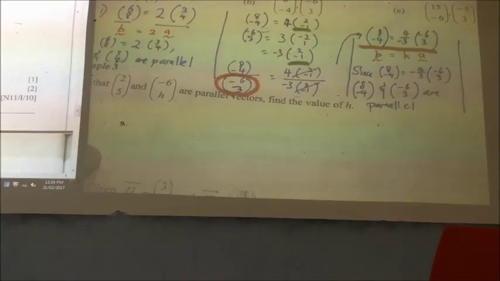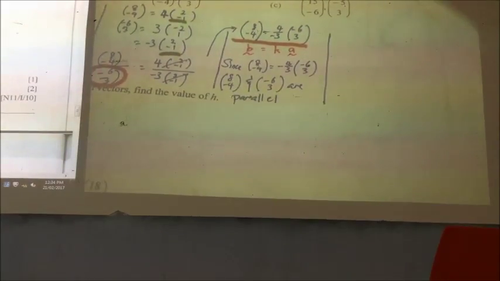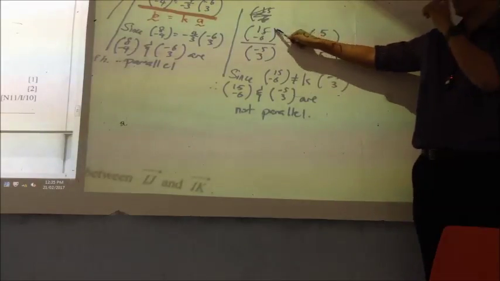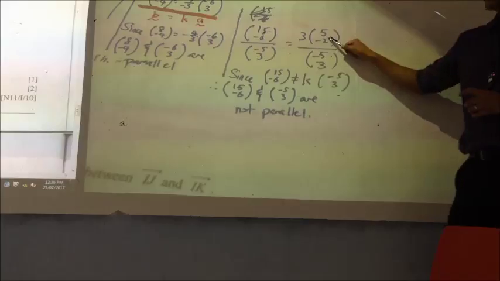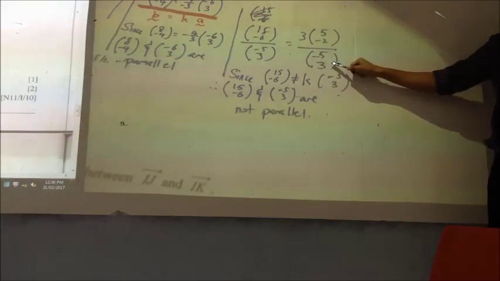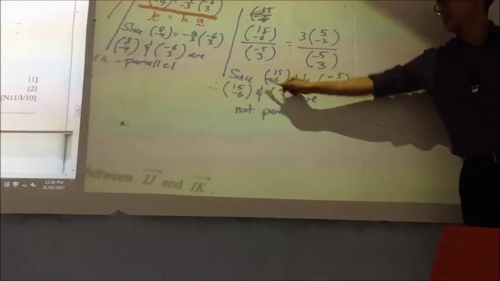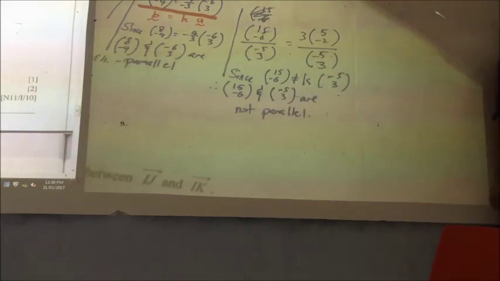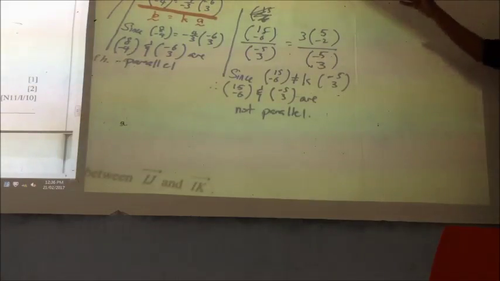Last one, C. So I made the presentation standard. I take two vectors, I divide. I can factorize one out. I cannot factorize the other. I cannot cancel. So I go ahead and write: since this is not equal to k times of that, the two vectors are not parallel. Okay? Watch the video. You can pause the video, then slowly copy down.